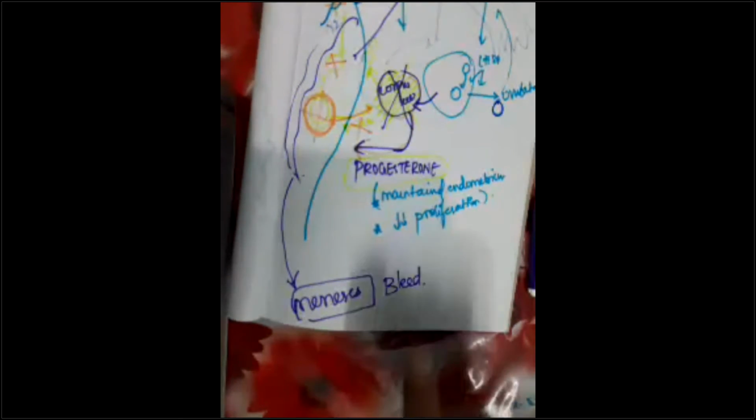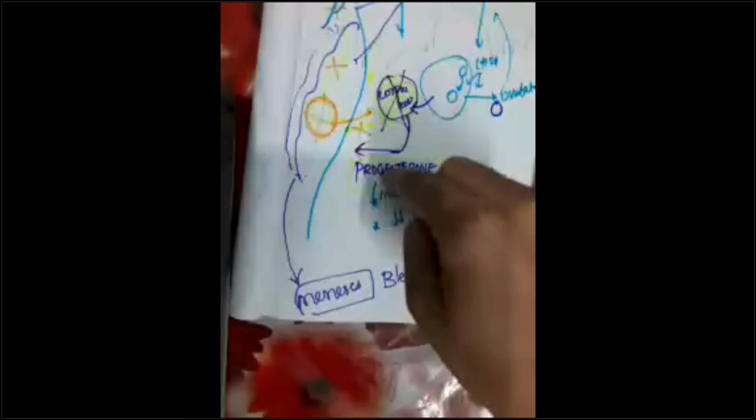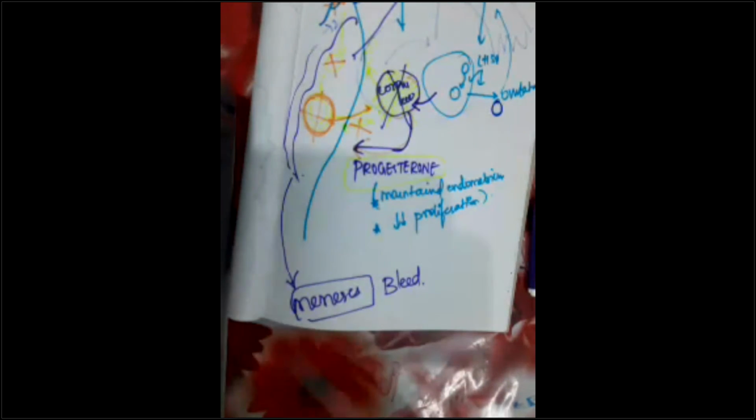Another time I'm telling, due to progesterone withdrawal, the menses is occurring. What will happen due to progesterone withdrawal? One or two steps are there. If you know that in detail, that is very good. I will tell you. Progesterone was there, which was maintaining my endometrium.